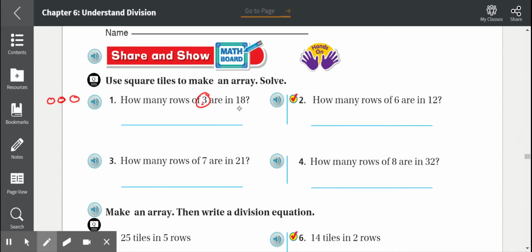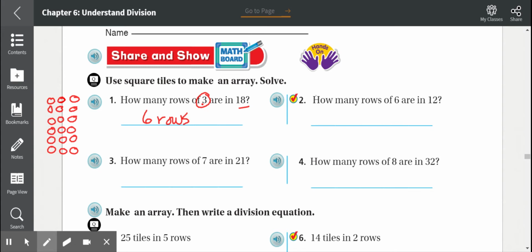And we're going to do that until we get to 18. 4, 5, 6, and so on up to 18. How many rows of 3 is that? 1, 2, 3, 4, 5, 6. So that's 6 rows.